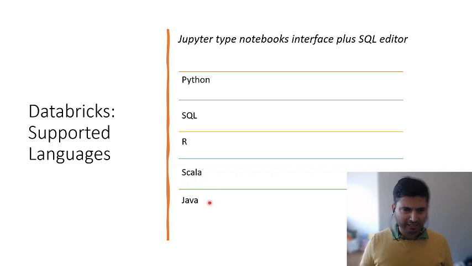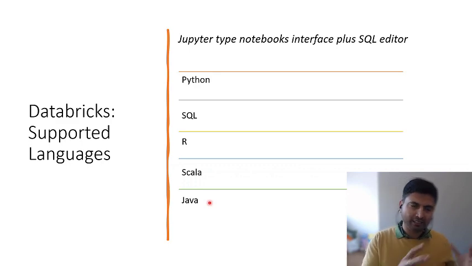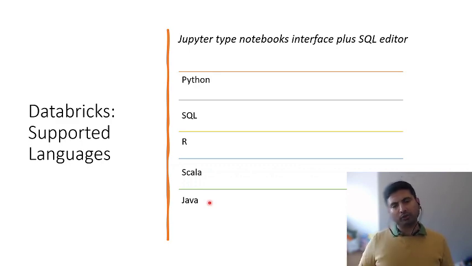So you can create, say, table views through Python by writing SQL statements. Or if you create a temporary view in Python, you can also read that in SQL. So these languages are more or less interchangeable, and they use their own services pretty efficiently together. That's a really good selling point for the Databricks team as well.